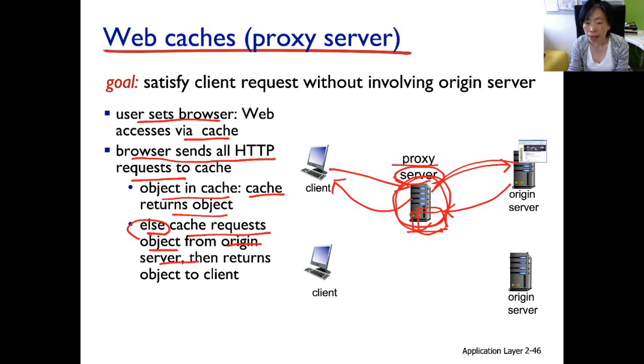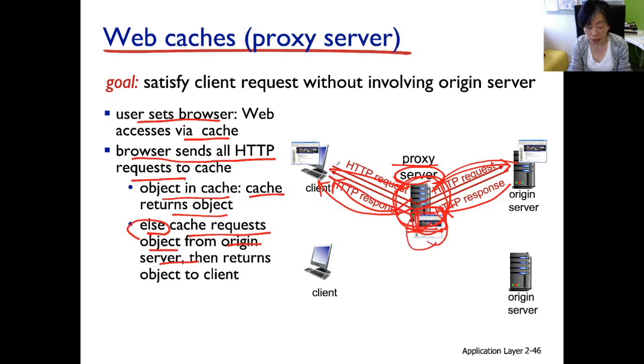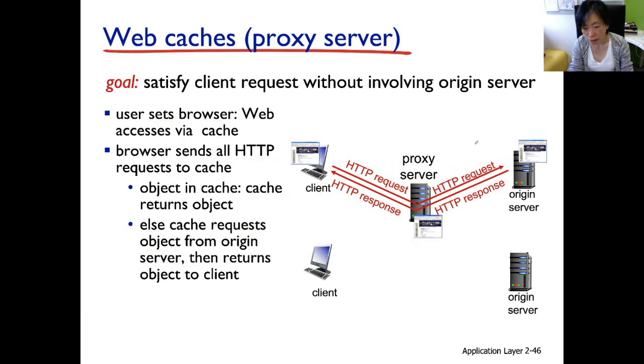And after the object is downloaded here, the proxy server then sends the object back to the requester. So let me illustrate. If the object is not here, the request goes to the original server, the response comes back, we store a copy, and then forward it back to the client. And what's nice about this is, look at this client down below.